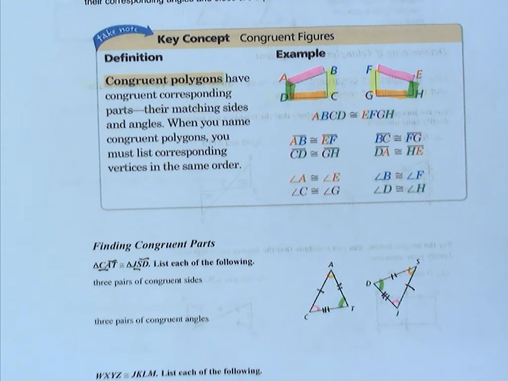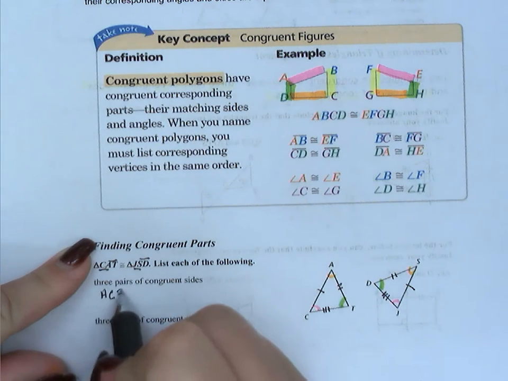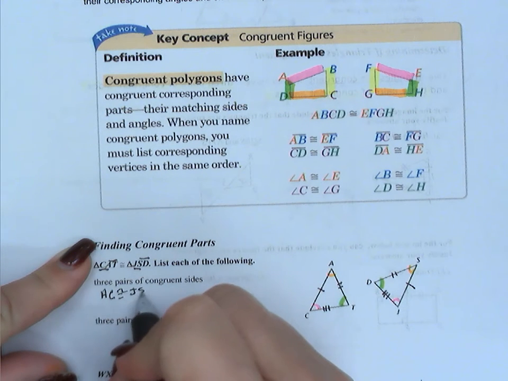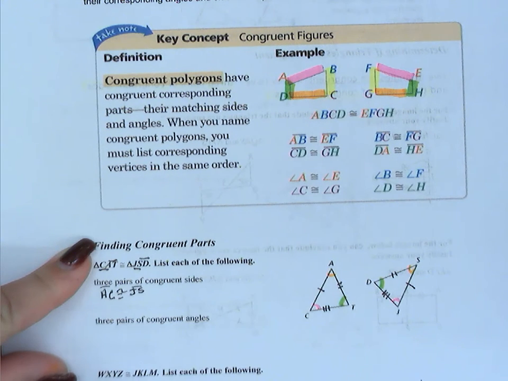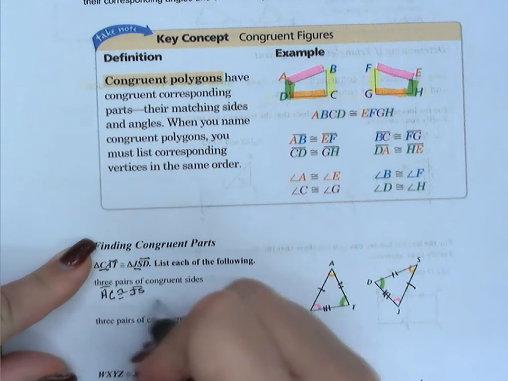To write out the pairs of corresponding parts, you're going to do the 3 pairs of corresponding sides. You have AC is congruent to JS or SJ. And you have AT.